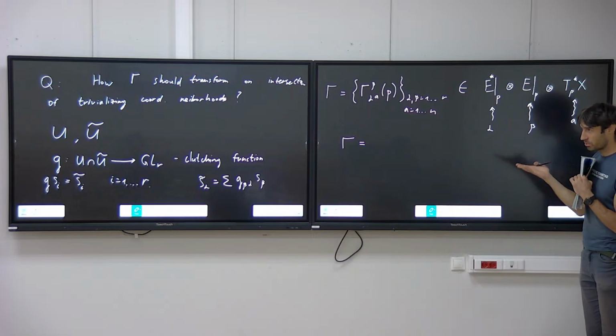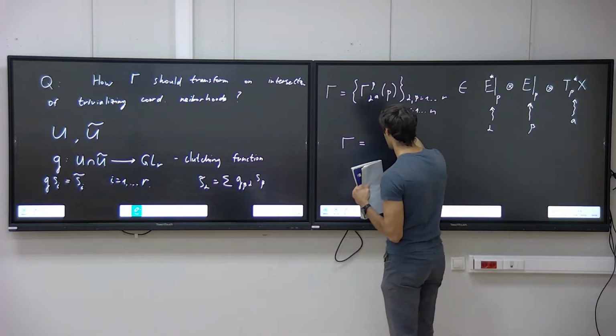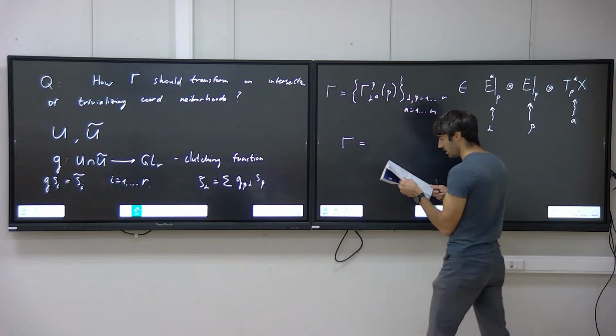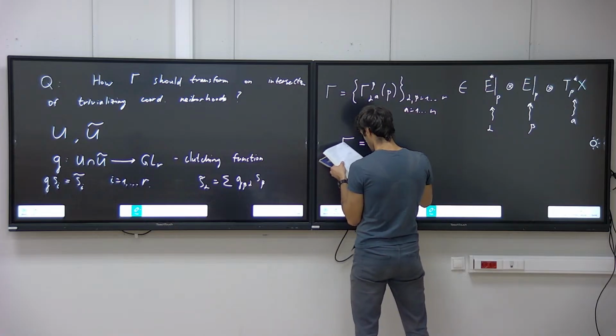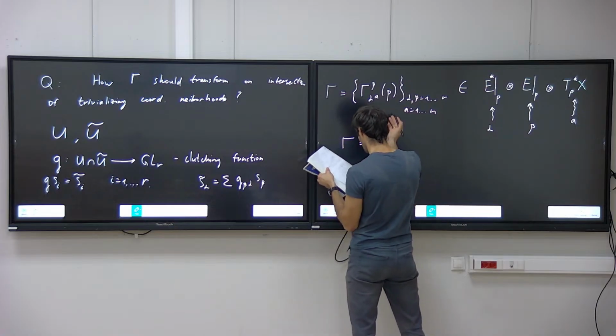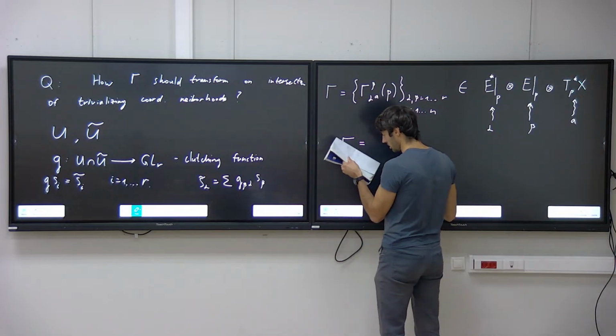But there is a term corresponding to this being a section, like this F over there. So anyways, we have gamma and gamma tilde corresponding to U tilde.